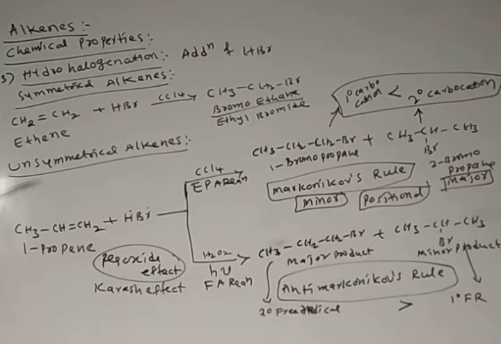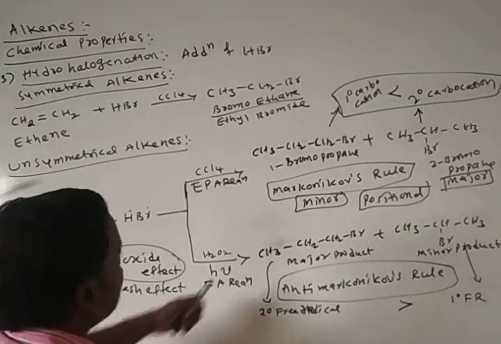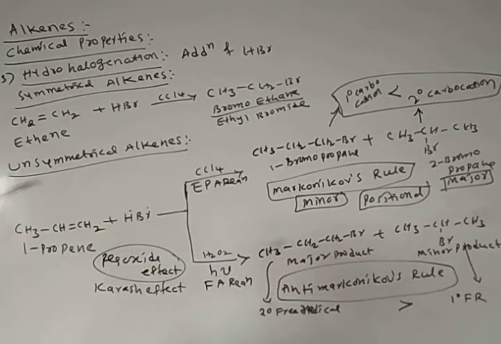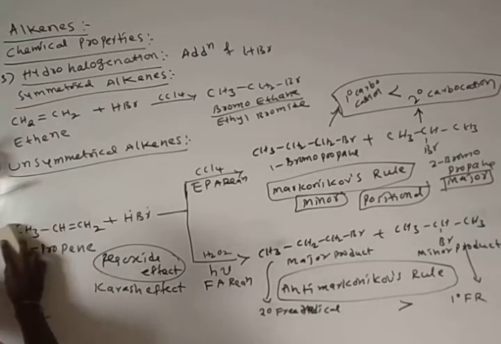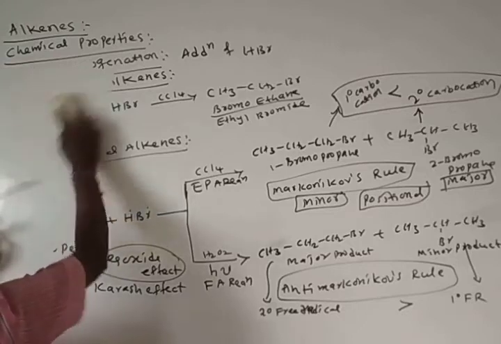This is about the addition of HBr to alkenes. Hydrohalogenation follows two principles, the Markovnikov rule and the anti-Markovnikov rule, in unsymmetrical alkenes.